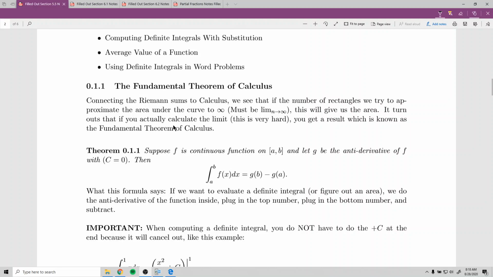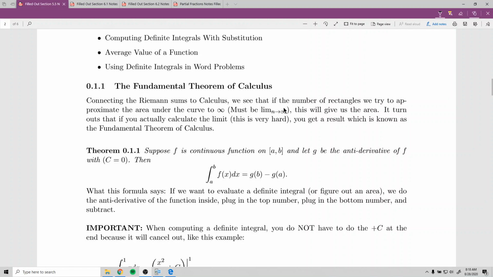And we kind of saw that the more rectangles you make, the closer your area gets. So you have less overestimation, less underestimation. Well, the idea is if you take the number of rectangles to infinity, it'll give you the exact area.